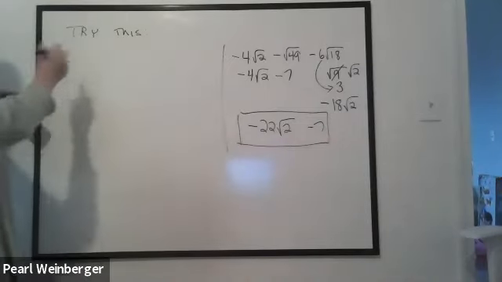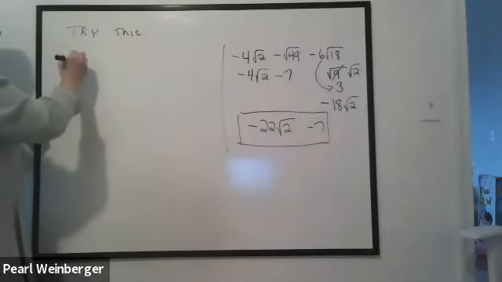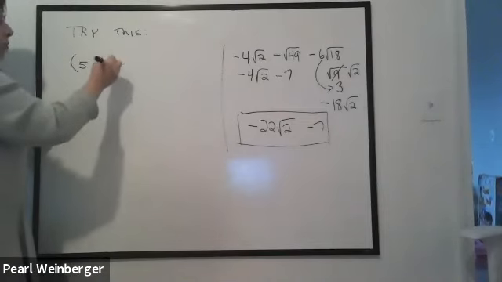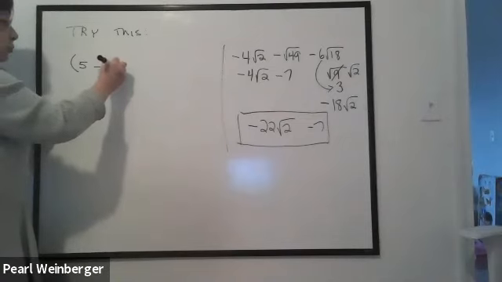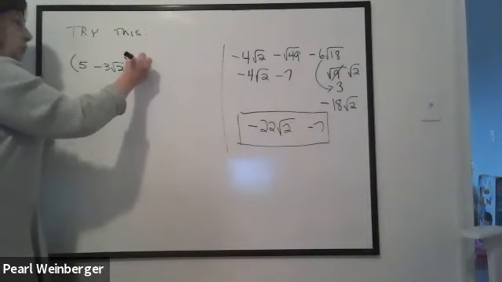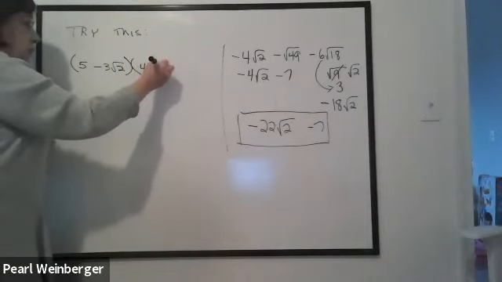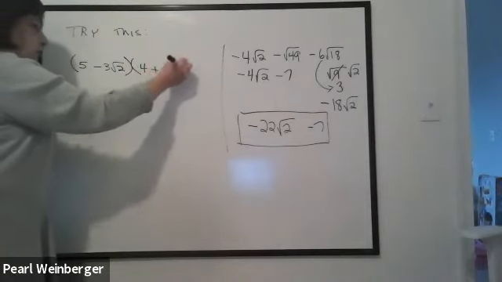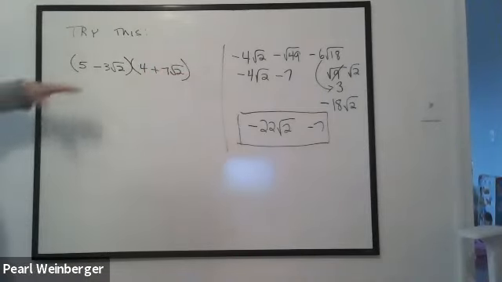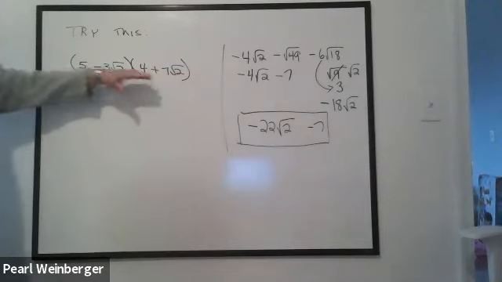Suppose I gave you this example: 5 minus 3 radical 2 times 4 plus 7 radical 2. Suppose I asked you to multiply these two binomials.